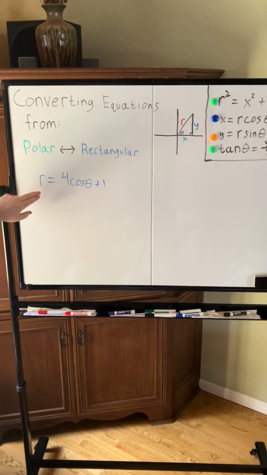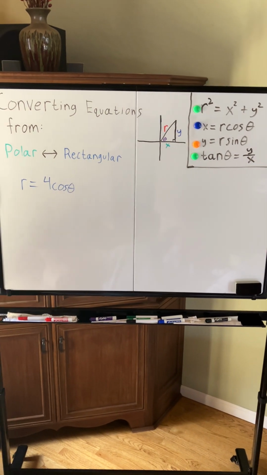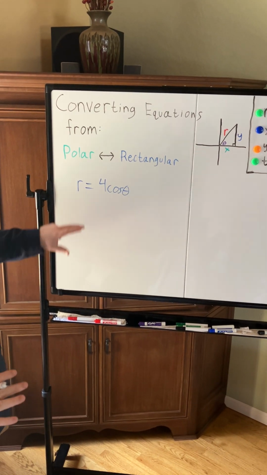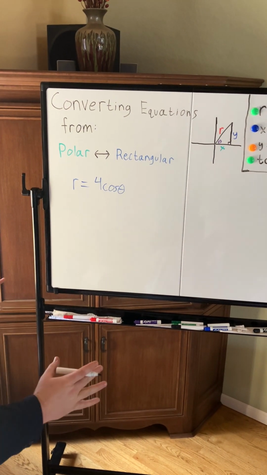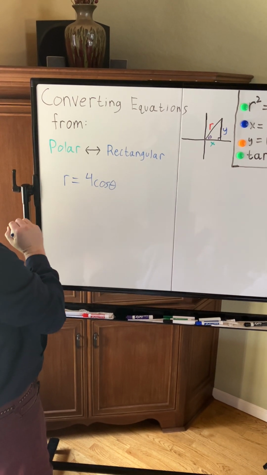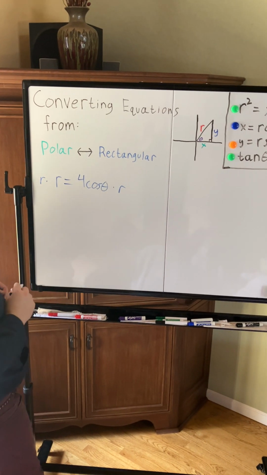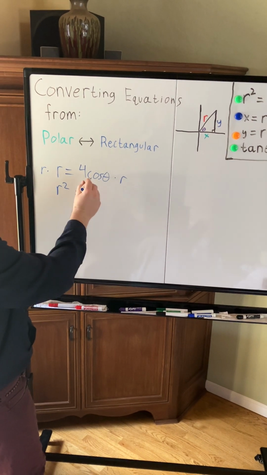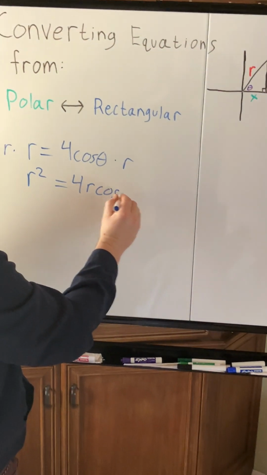This is a common problem where it's just r equals 4 cosine theta or r equals 2 sine theta or something of that nature. You do the same thing every time. You start off by multiplying both sides by r. So times r, times r. On the left, we have r squared. And over here, I'm going to write this as 4r cosine theta.